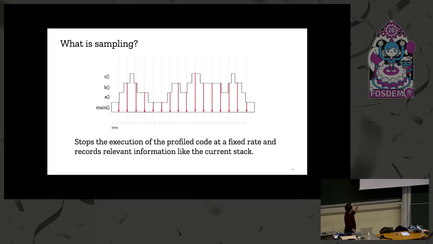So in this graph, you can see a simple program, and the vertical lines are the profiler sampling, and those straight lines are the program execution, and main calls A, calls B, and calls C. As you can see on the first C call, actually, the profiler missed it, because the red arrows are the stack of the current program, and we managed to capture main, B, but at the first peak, we actually managed to miss it, because C runs less than 1 millisecond, and it just falls between two sampling times, and we didn't see it.